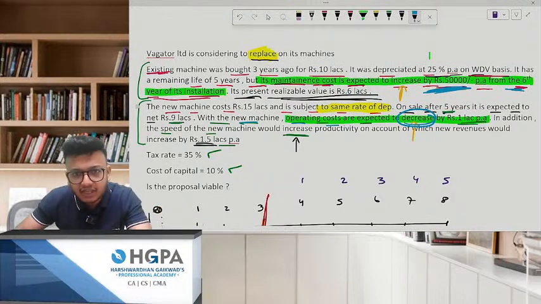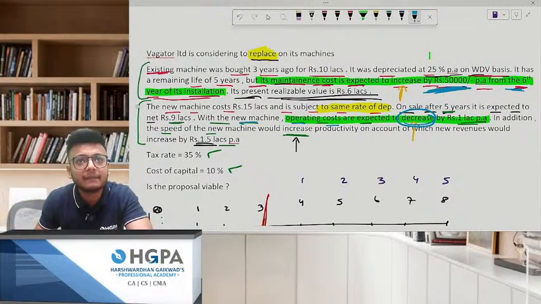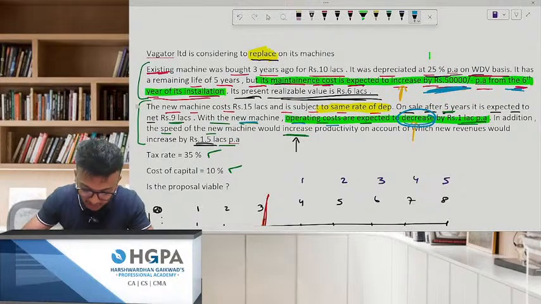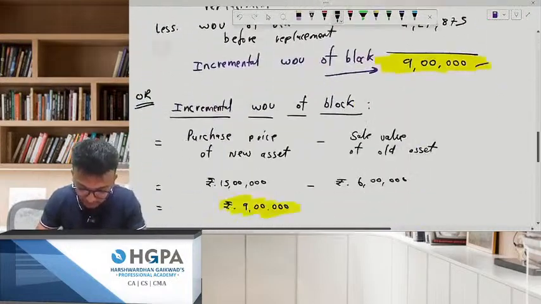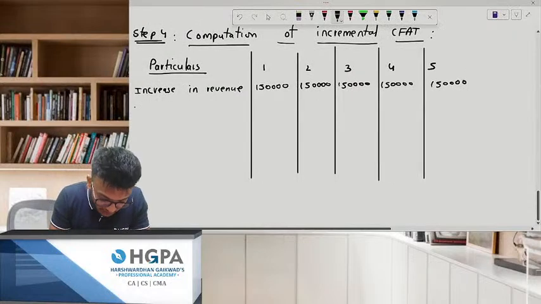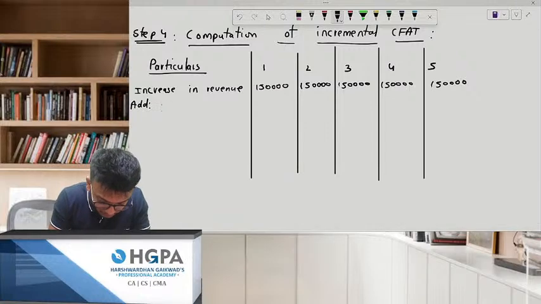So even this 50,000 is my savings, and this 1 lakh is my savings only. Are you understanding what I'm trying to tell you? So this means we are going to add over here the decrease in cost.